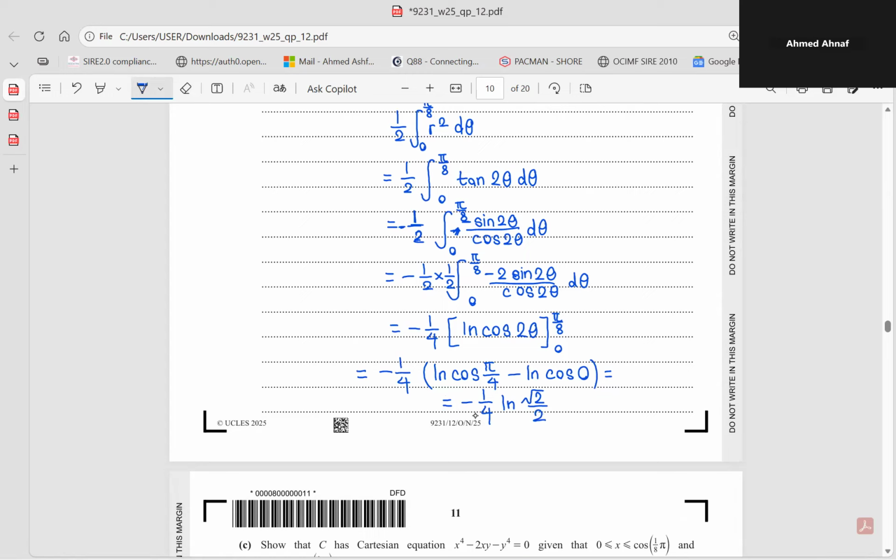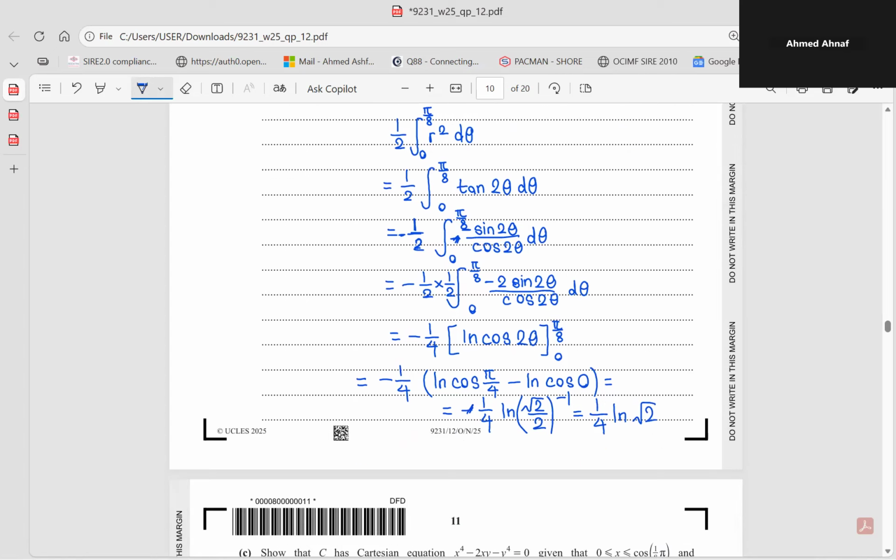And to get rid of the negative sign, since there's a ln in here, you can use the power rule and make this square root 2 over 2 to the power of negative 1. Then you get 1 over 4 ln of 2 over square root 2, which is just square root 2.